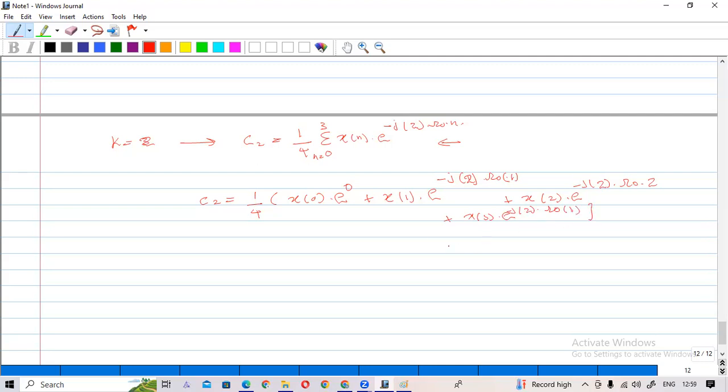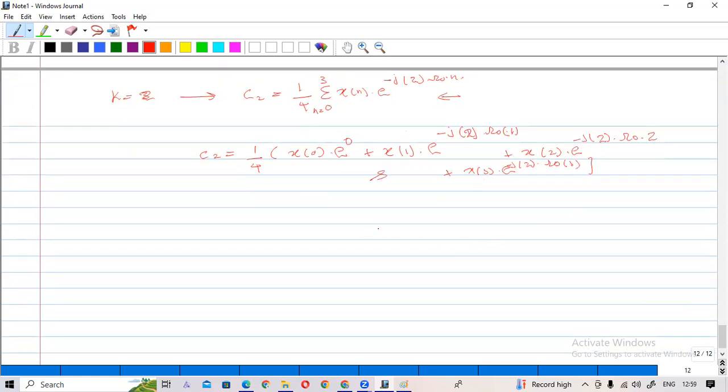Okay. So you have to find these values. The same procedure you can follow.